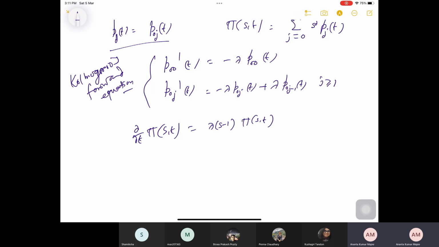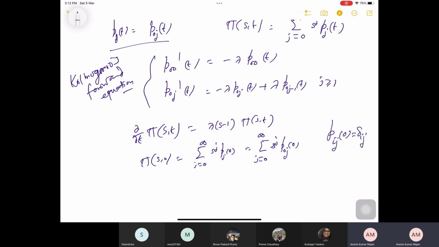So what is your pi(s,0)? This is summation over j equal to 0 to infinity of s to the power j times p_j(0). p_j(0) means p_0j(0). Now what I know is that p_ij(0) is equal to delta_ij. So whenever j is equal to 0, it gives you 1, otherwise it is 0.